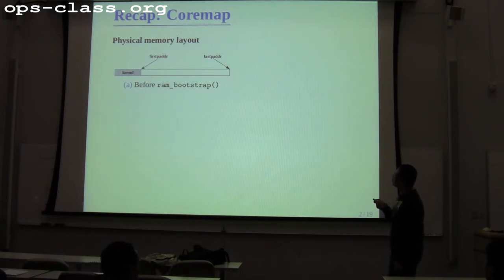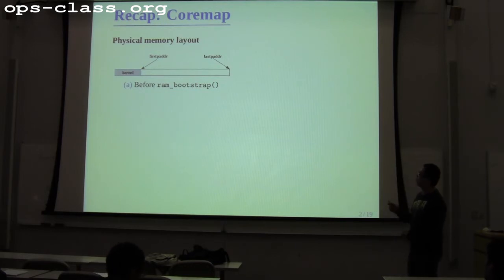So after this function, we have 2 values, which are the first physical address and the last physical address. The last physical address is basically the physical memory size, and the first physical address is basically the end of the kernel. That's the first available physical address, right? So this is the physical memory layout just after ram_bootstrap is called.